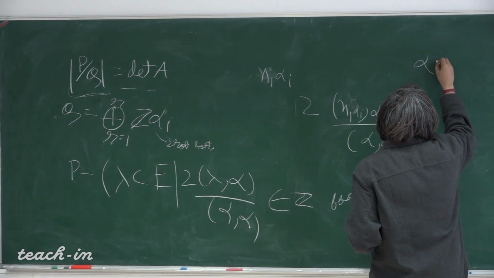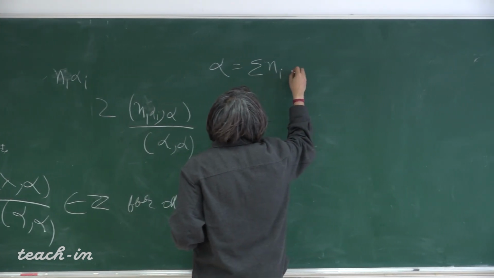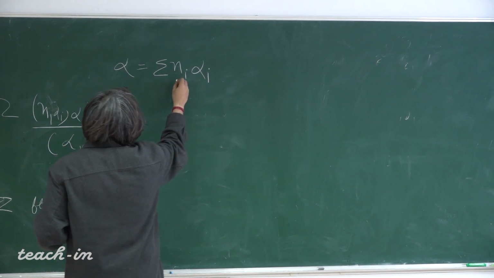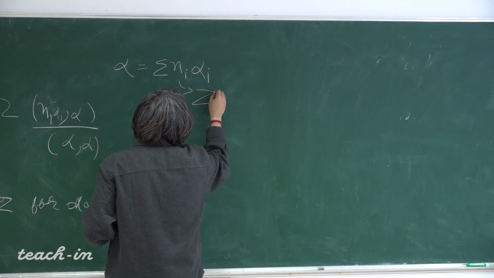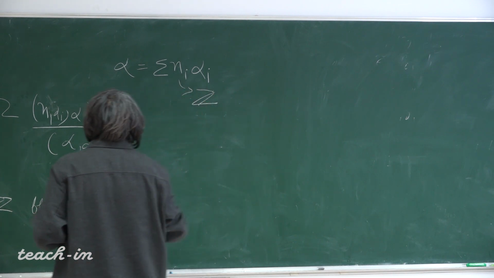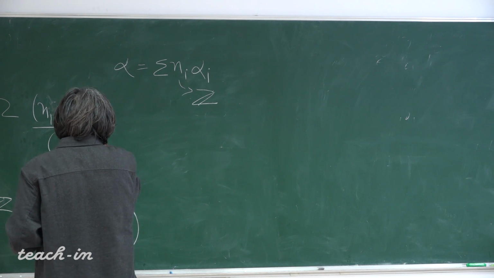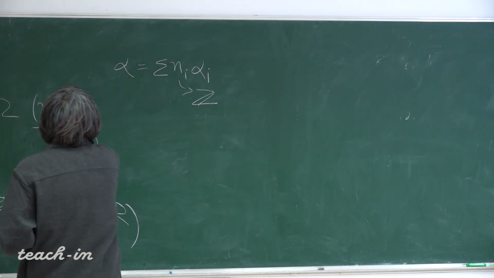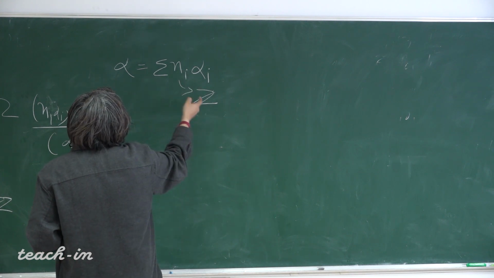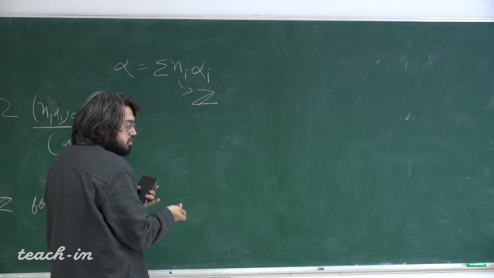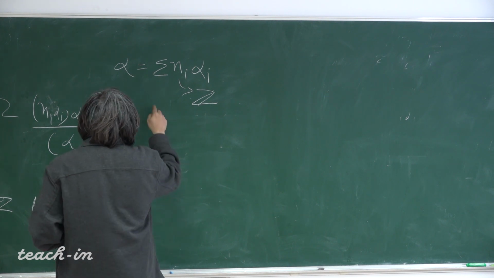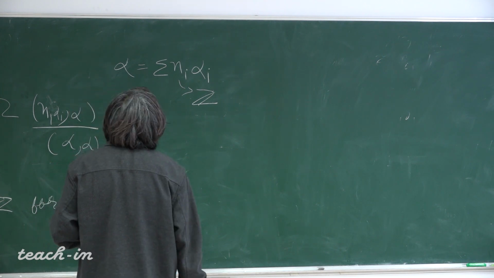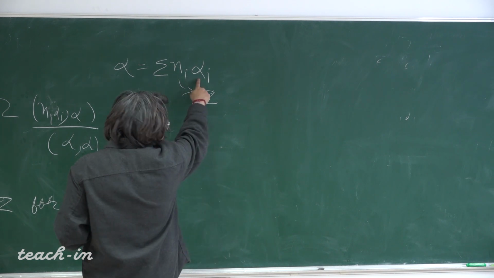Okay, so any root can be written as a summation of alpha i's, where the coefficients belong to Z. But these are simple roots, so a formal basis, so they must be orthogonal, and we will only have... Alpha i's are not orthogonal with respect to this.